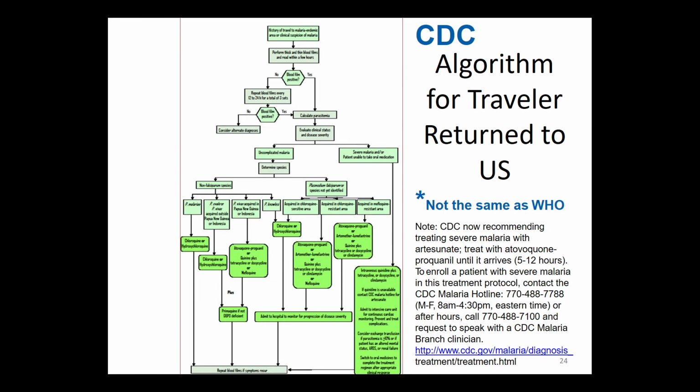If it's Plasmodium ovale or Plasmodium vivax acquired outside Papua New Guinea or Indonesia, you use chloroquine or hydroxychloroquine plus primaquine to kill tissue forms, liver forms, hypnozoites, to prevent late relapse. But you may use primaquine only if the person does not have G6PD deficiency.